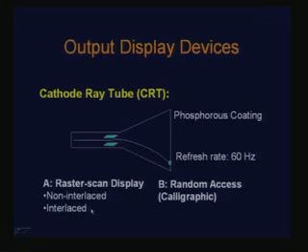It is interlaced. Is the resolution also affected? Resolution is not really affected, because as I said, the time which we are taking to do the display is very, very short. So, in effect at a time only half of the bits are being scanned.